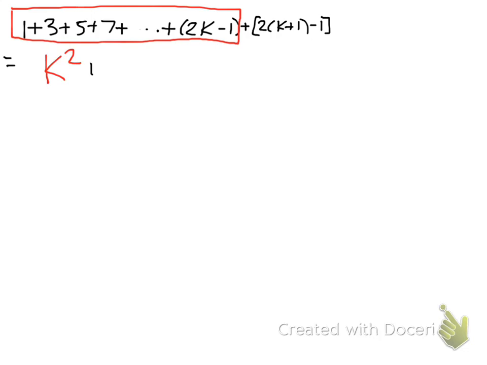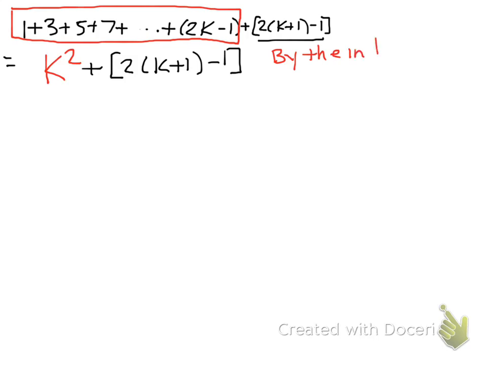And then we have our next piece, so plus 2 times k plus 1, minus 1. Now we know that this is true by the induction hypothesis. So I want you to write this so you're giving me your reasoning for the substitution that we made.